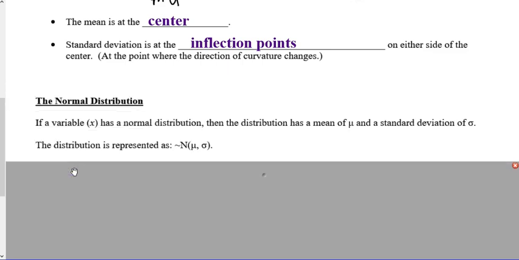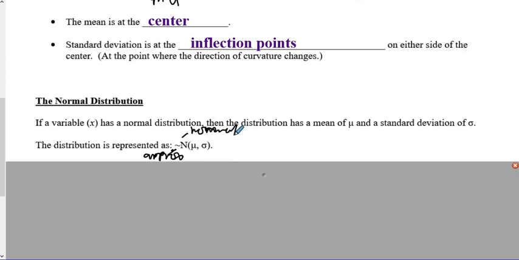Now, the normal distribution, the bell curve. If the variable x is normally distributed, then the distribution has a mean of mu and a standard deviation of sigma. It's represented by this formula in our layout. This means approximately. This means a normal distribution.